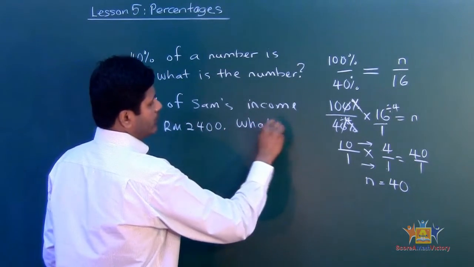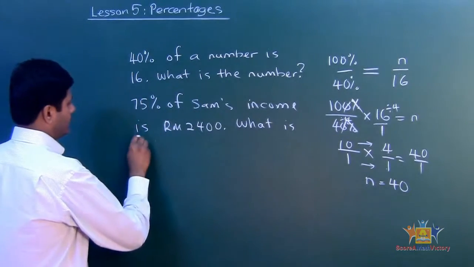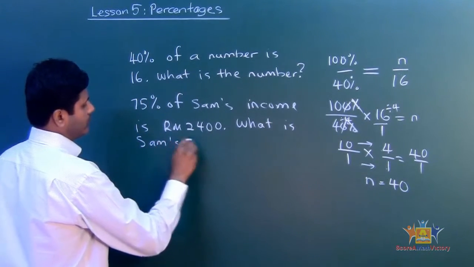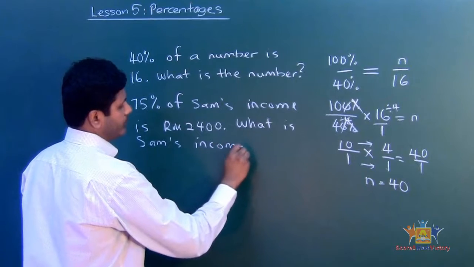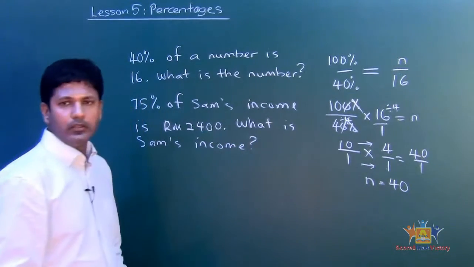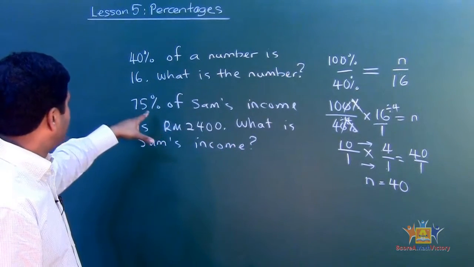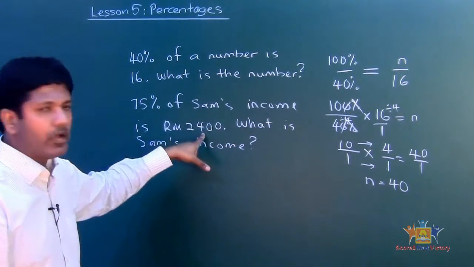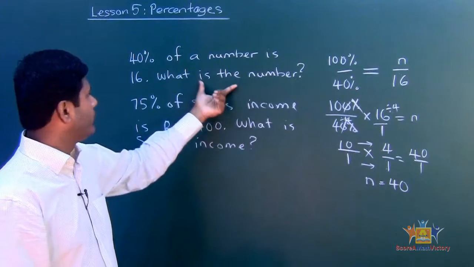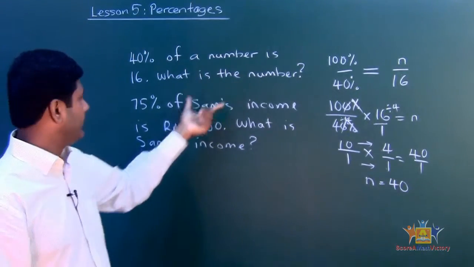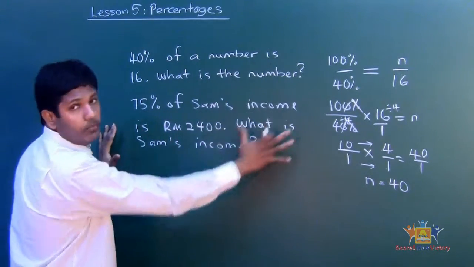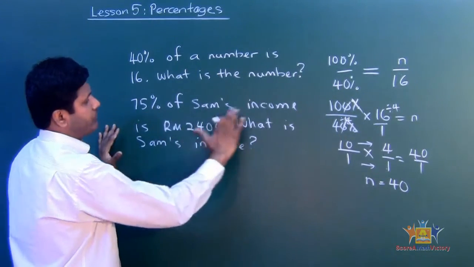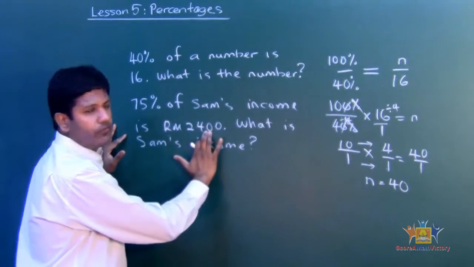What is Sam's income? See that? So pretty much this is 75% of a number is 2,400 if I had to express it in this form. But this one I put in the form of a word problem. 75% of Sam's income is 2,400.